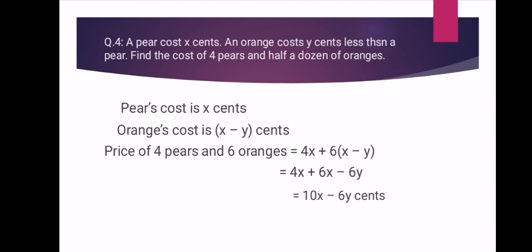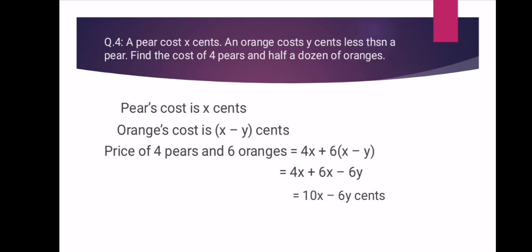So our expression for the price of 4 pears and 6 oranges is going to be equal to 4 times x, which gives the cost of 4 pears, plus 6 times x minus y, because we have to find the price of 6 or half a dozen oranges, and the price of 1 orange is x minus y. So 6 times x minus y will give you the price of 6 oranges.